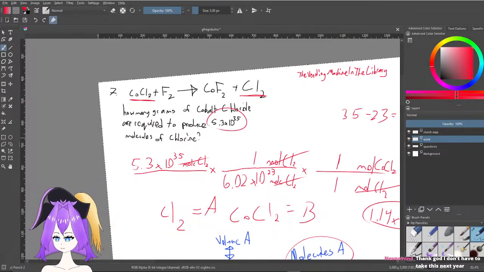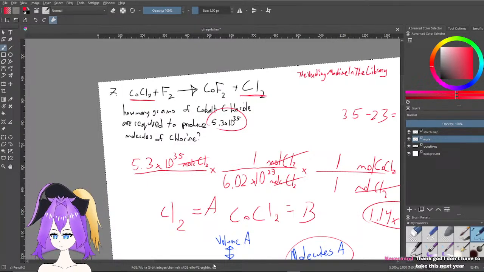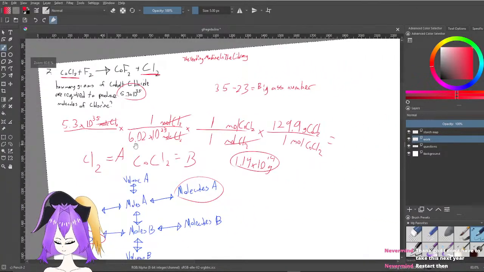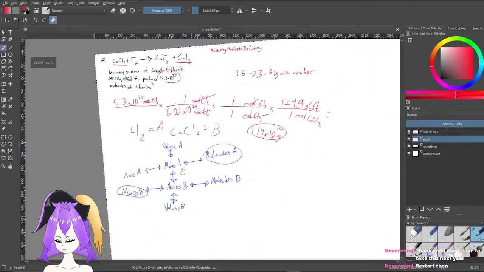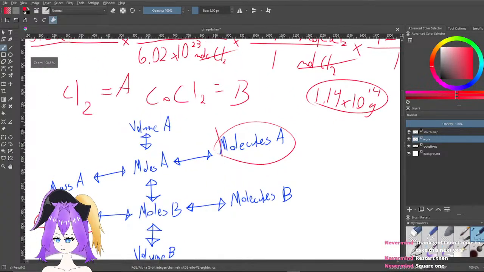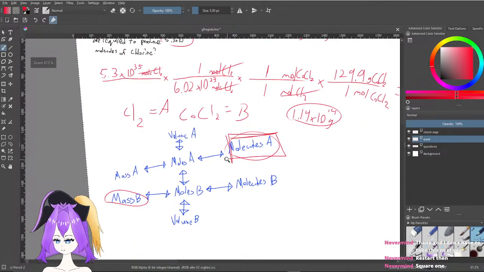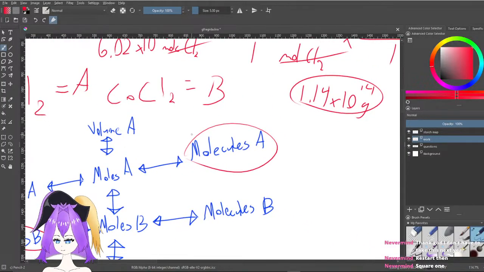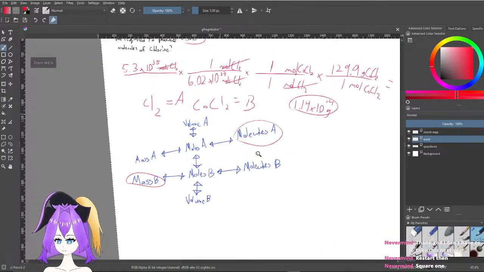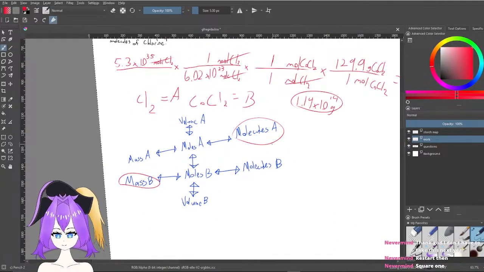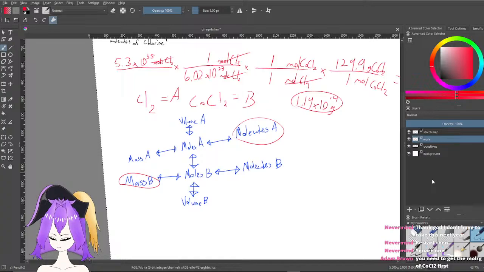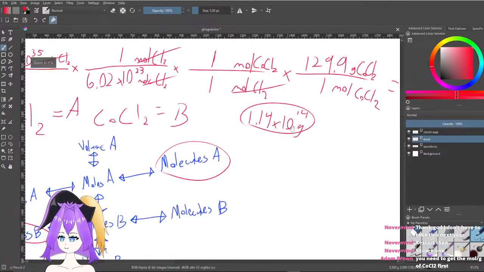Ooh, okay. Restart then? I have my work here. You start with molecules, right? So we're going from molecules of chlorine, which I'm going to label as A. You need to get the moles over grams of cobalt chloride first.